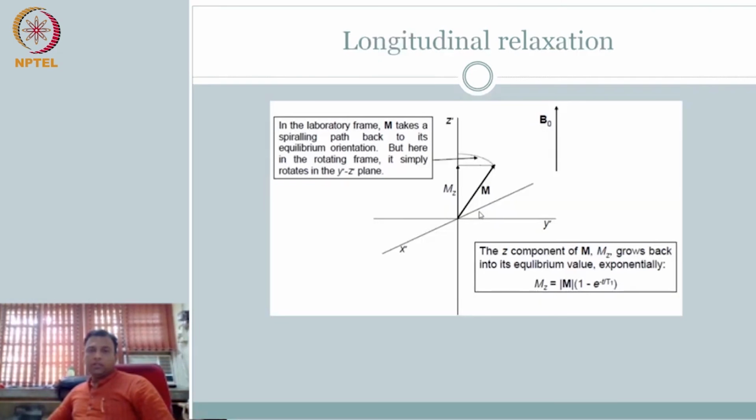Okay, so now your longitudinal relaxation can be modeled also as a raising exponential. In the rotating frame of reference, with axes x dash, y dash, z dash, this vector M, right? Mz is increasing. Okay, so why does this happen? This happens due to natural loss.